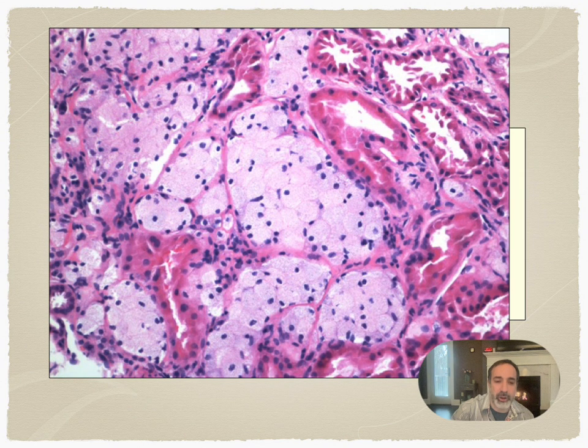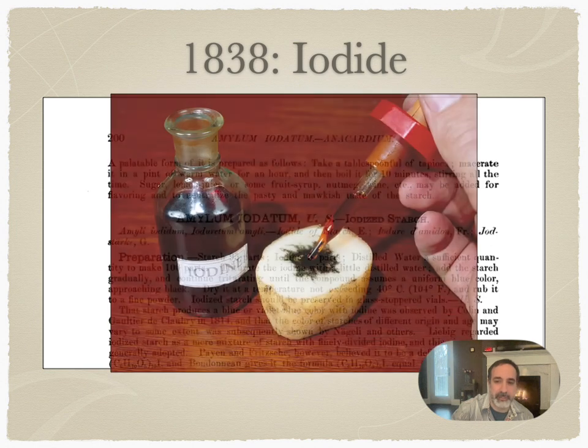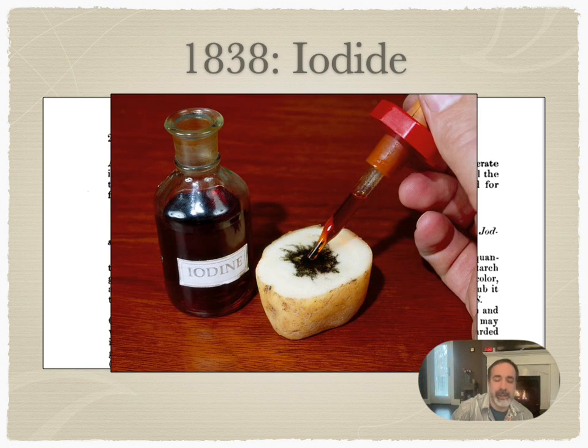This would later be shown to be deposits of lipid-filled macrophages in the kidneys of patients with protein-spilling states, and this was dubbed lipoid nephrosis many years later by Munk in 1913. In 1838, an important assay, the iodide test for starch, was discovered, a blue color change being the positive indicator. More on this a little bit later.